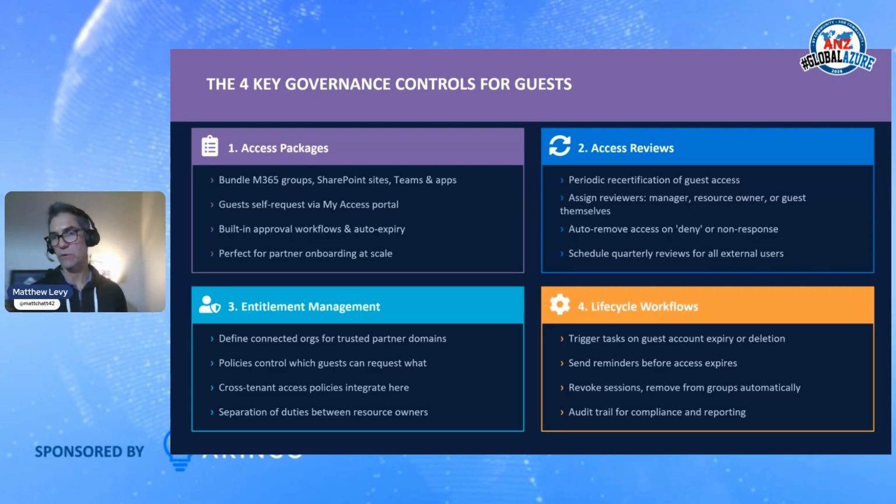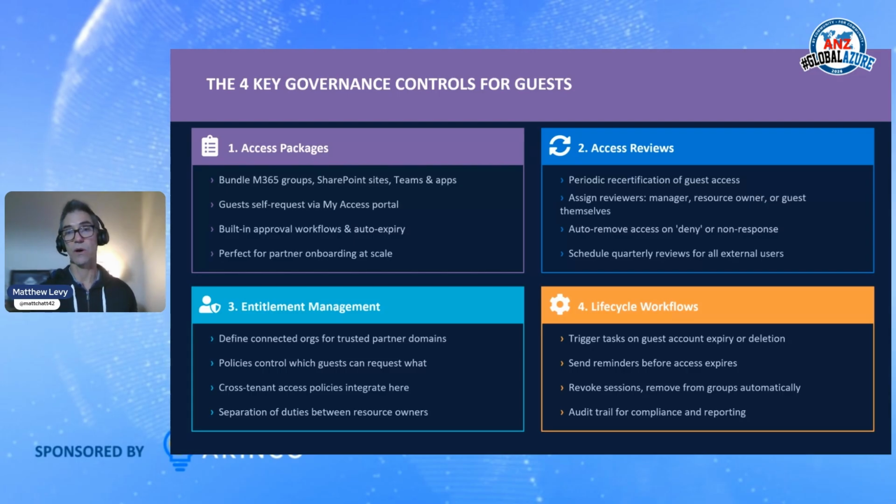A Teams channel, a SharePoint site, maybe a group-based app assignment, and they request it through the My Access portal. You define who can approve, how long access lasts, and what happens when it expires. This is the right way to onboard external collaborators at scale.